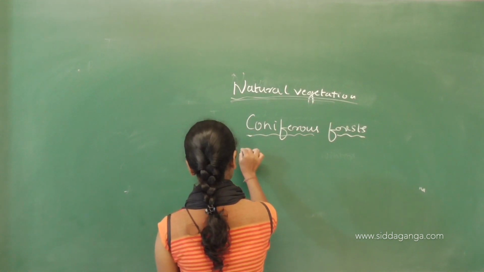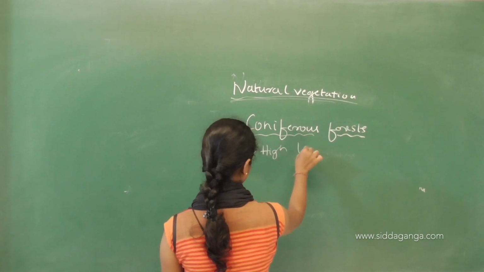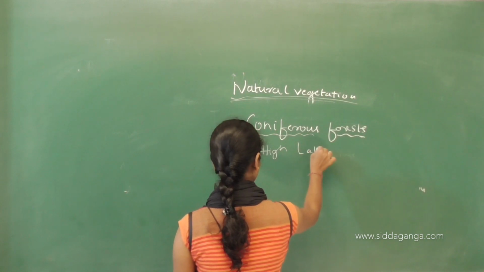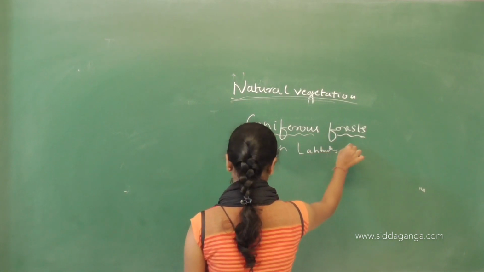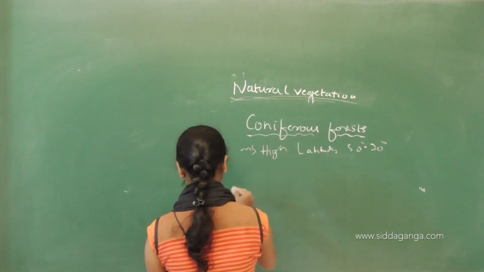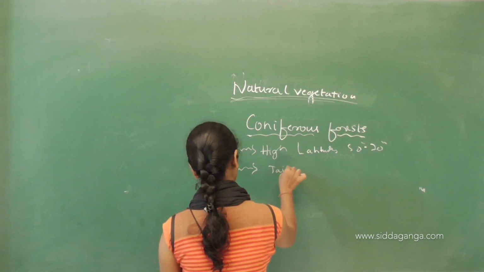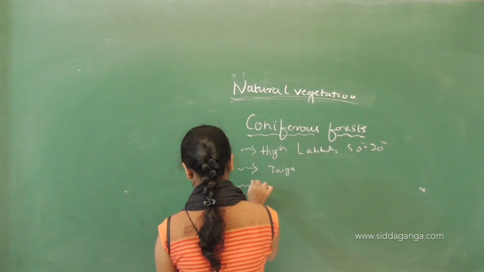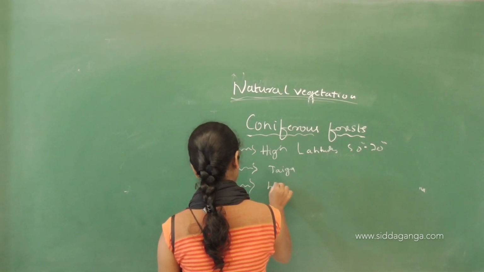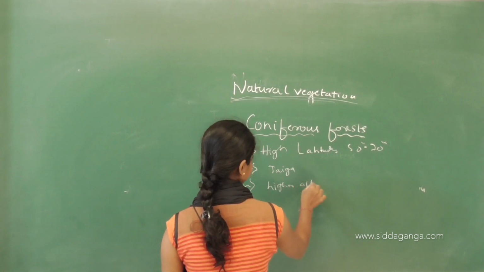We can see them in the higher latitudes, 50 to 70 degrees. Okay? Then they are also called taiga, and these are also seen in the higher altitude. This is latitude and this is altitude.